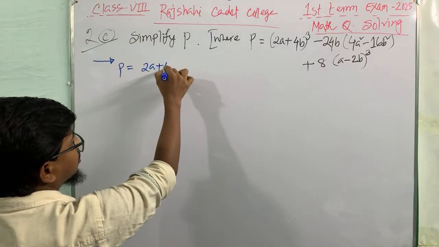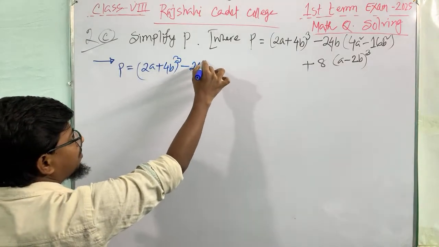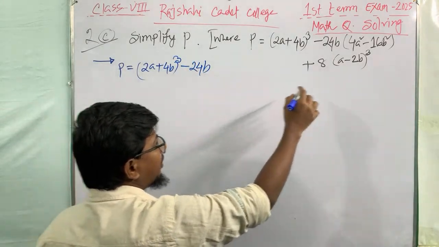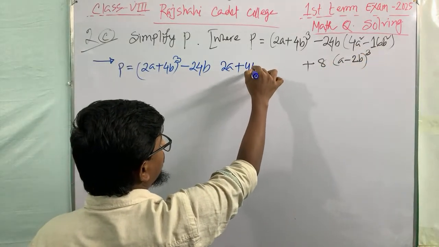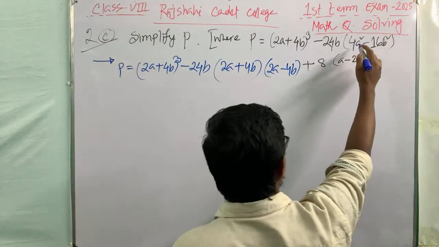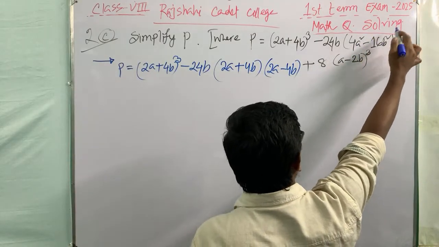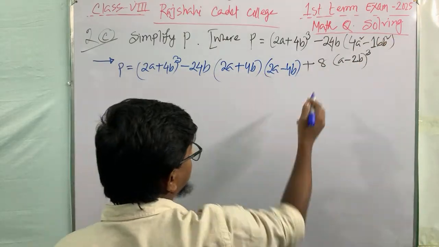2a plus 4b cube whole cube minus 24b, and we have 2a plus 4b times 2a minus 4b. I took 2a whole square minus 4b whole square, so we have like x square minus y square, which is x plus y times x minus y.